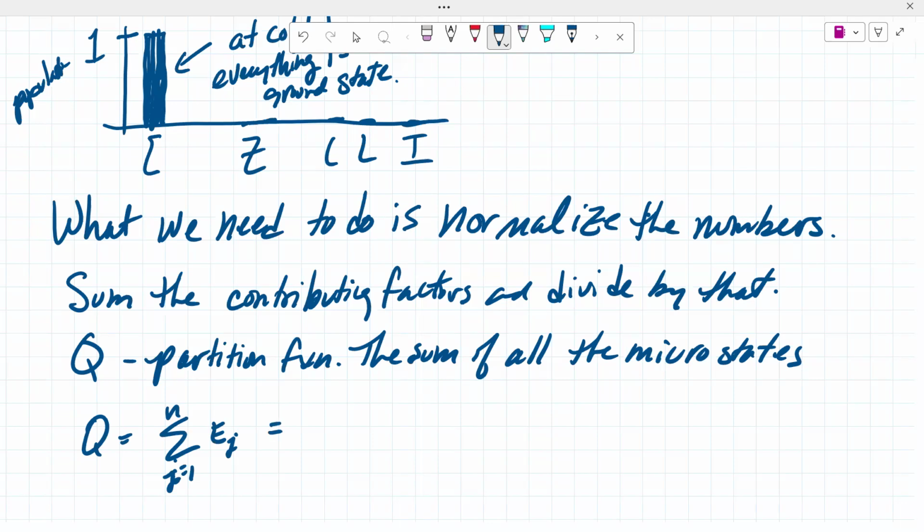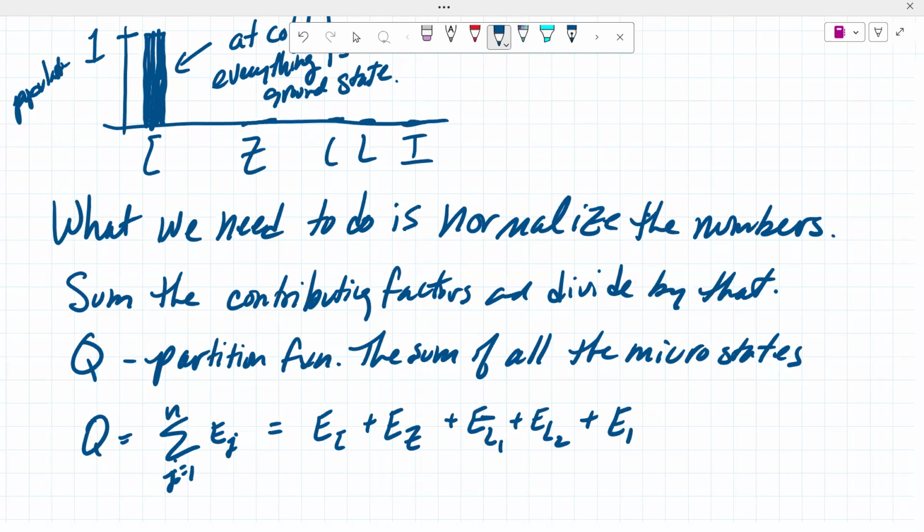So in our case it would be E sub C peptide plus E sub Z peptide plus E sub L1 plus E sub L2 plus E sub straight peptide. That is what our summation would be. This is the partition function.